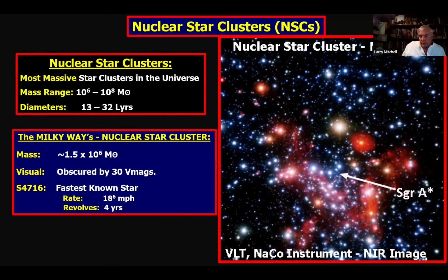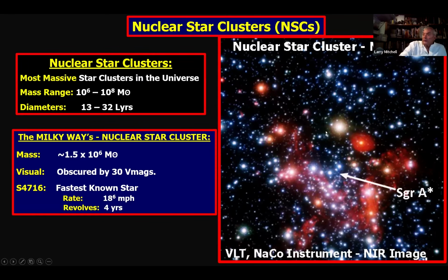When we look at other galaxies, these small little faint fuzzies that have a brighter middle in the center, a lot of times that brighter middle in the center is light from the nuclear star cluster that's in the center of that galaxy. Not only are these star clusters very massive, but they're very bright. And they enable us to see detail in other galaxies.